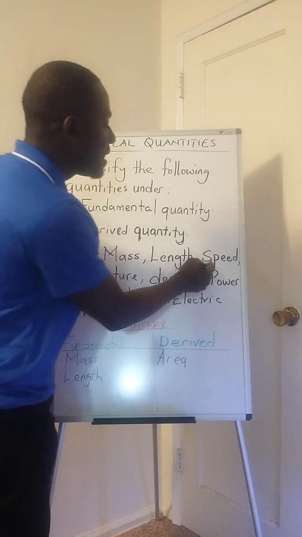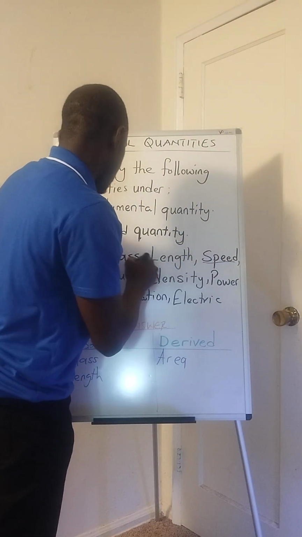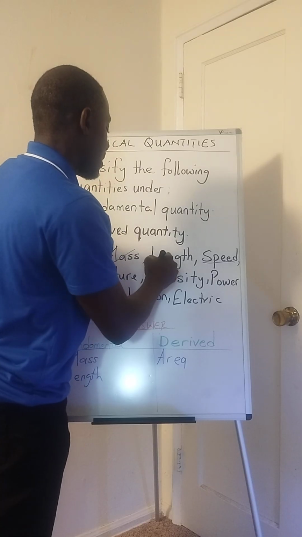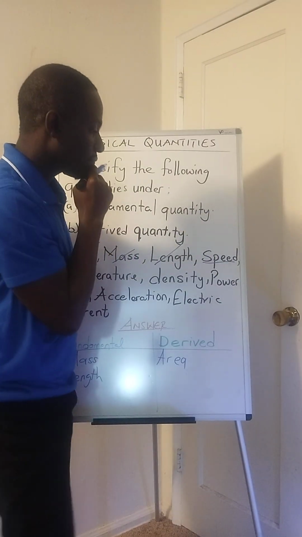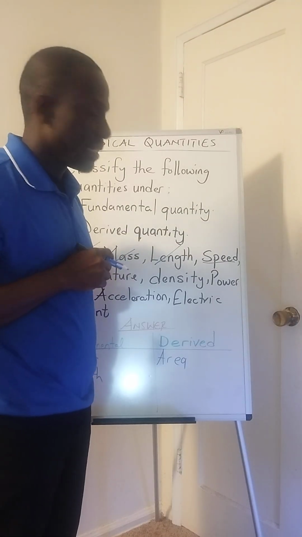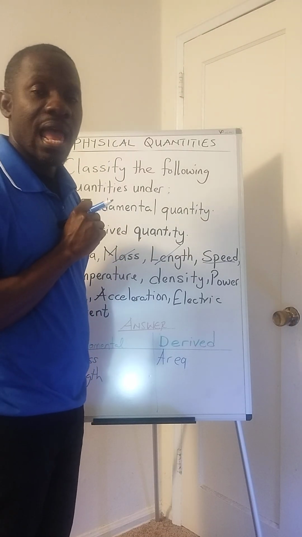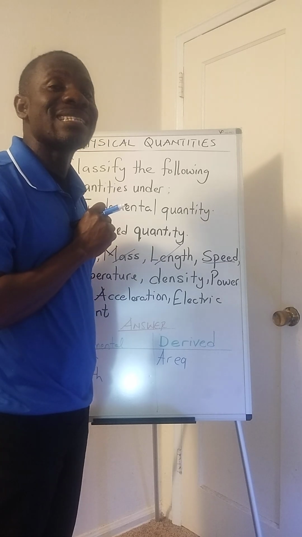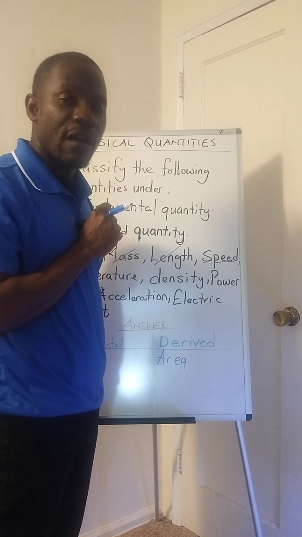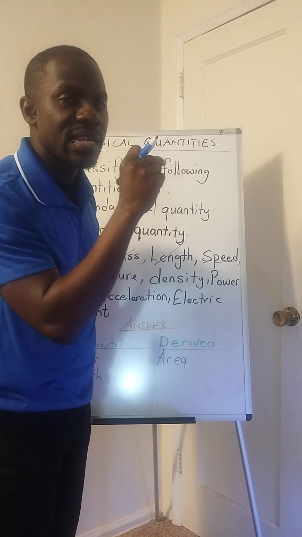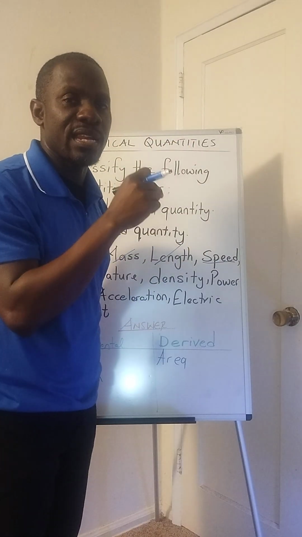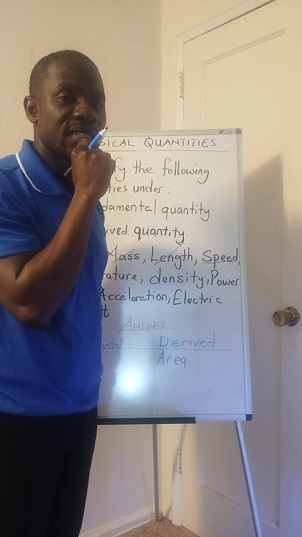And then speed. So mass and length have been taken care of. So speed. Now speed is defined as distance traveled per unit time. Distance, or length, is already a fundamental quantity.